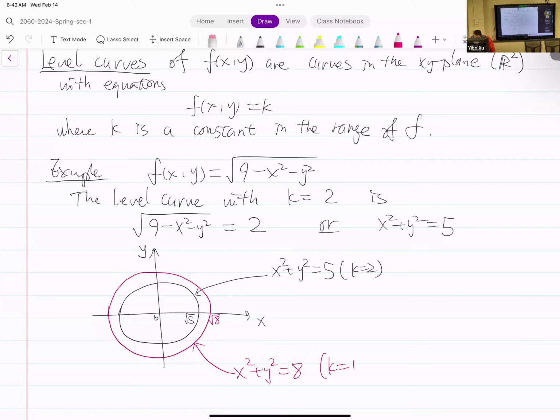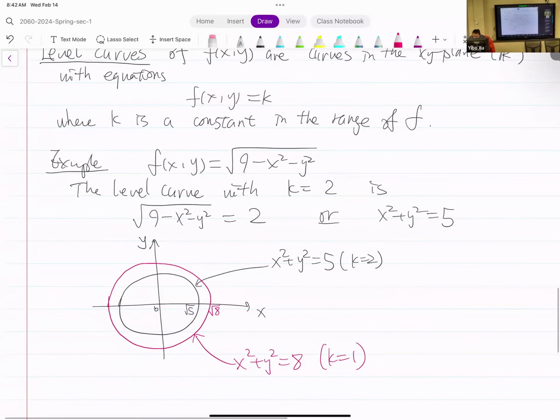And here k is 1. Okay. So now, when k is 2, k is 1, we have the two circles. Now what happens if k is 0? So if k is 0, we will just have the largest possible circle. Let me think. So we're gonna make it black again. It's gonna be the circle that's actually really close to the red one right here.